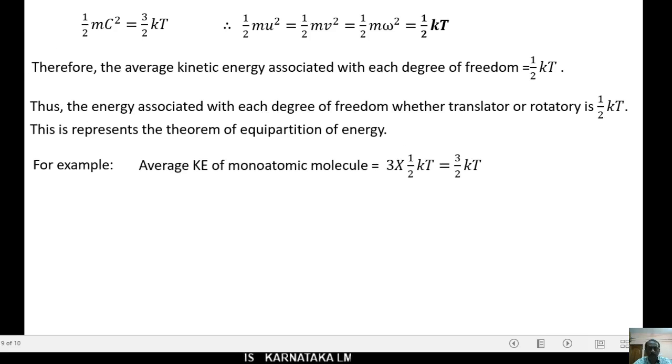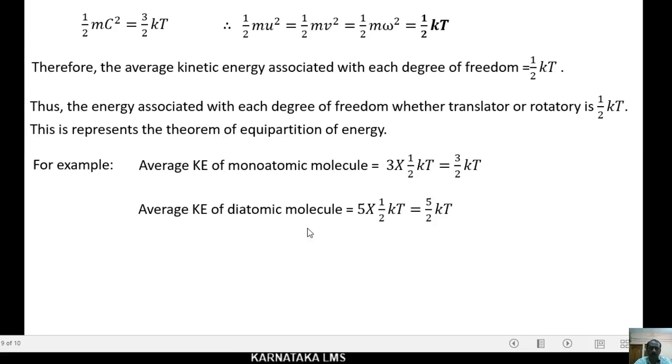For example, take the average kinetic energy of a monatomic gas, which has 3 degrees of freedom. Here you just multiply 3 with 1/2 kT, the equipartition energy. 3 into 1/2 kT is equal to 3/2 kT.